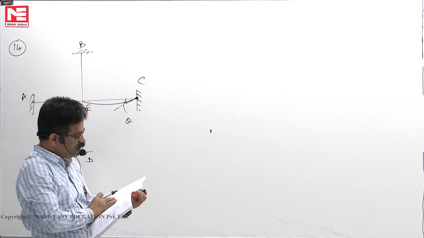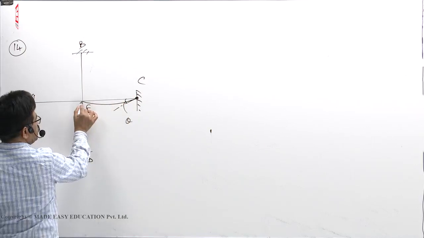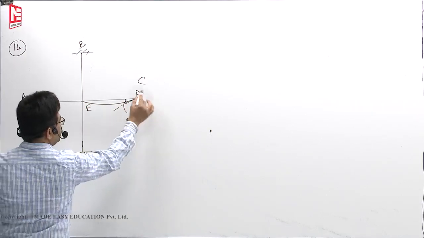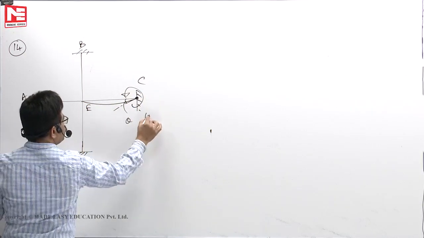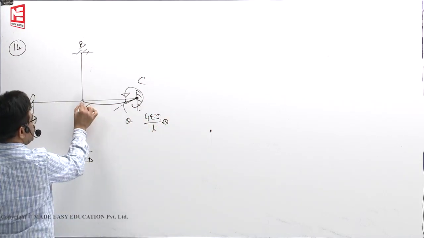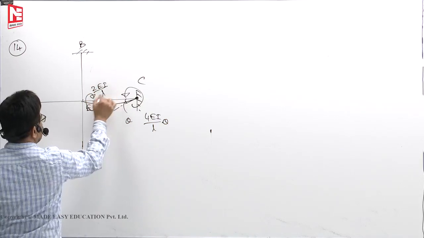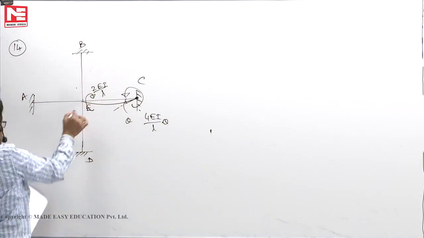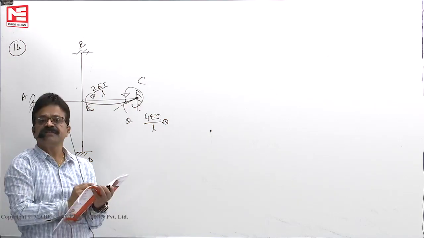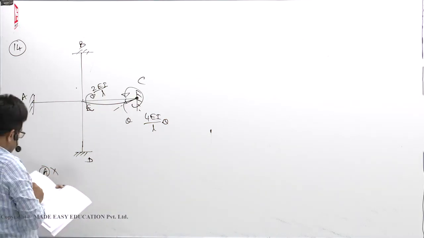There is no moment on all members. You see, this is rigidly jointed; when you apply a moment here, you might have applied 4EI by L into theta. How much is carried over here? 2EI by L into theta. And this gets distributed to all members. So the statement that there is no moment on all members is wrong. Statement A is wrong.